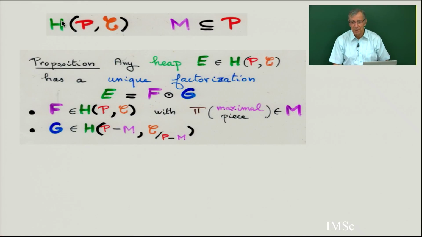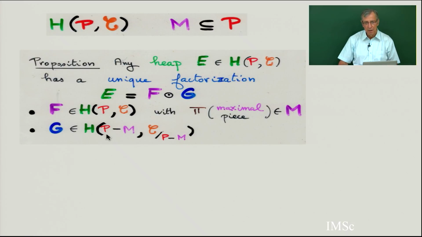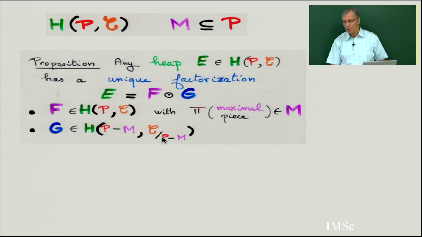So the notation: I have the heap of pieces with basic piece P, the dependency relation or competition relation C, and I take any subset M of the basic pieces, and I have the following proposition, that any heap has a unique factorization in a product of two heaps, F and G. So F is a heap with the maximal pieces having the condition that the projection of any maximal piece belongs to M. And G is a heap with basic piece in P minus M, and I denote by C the dependency relation restricted to the subset of basic pieces P minus M.